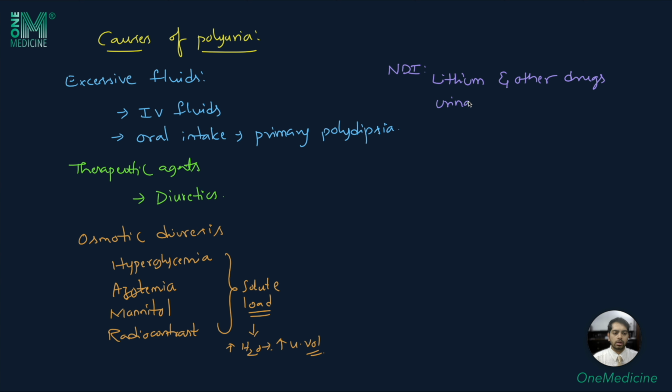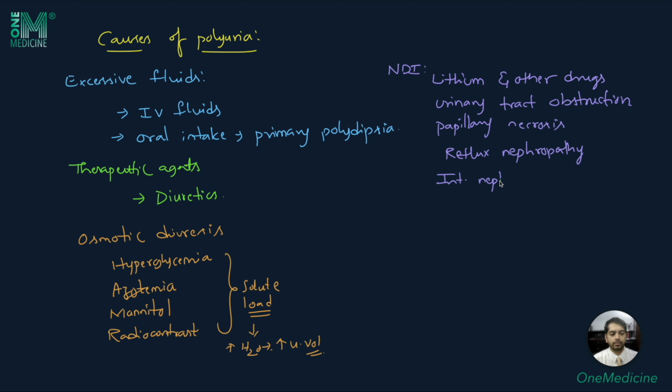Nephrogenic diabetes insipidus can be caused by lithium and certain other drugs, or urinary tract obstruction, papillary necrosis, reflux nephropathy, interstitial nephritis, hypercalcemia, or there can be hereditary causes.